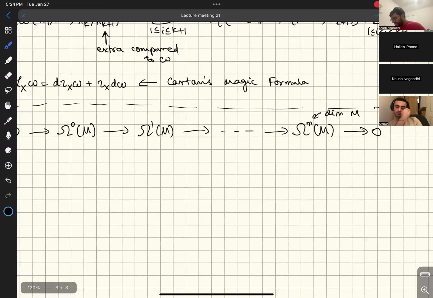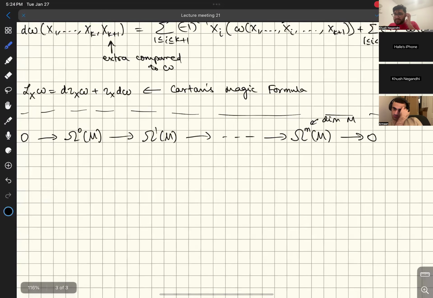And one thing to note is that if the dimension of the manifold is m, then any m plus one form must be zero. The reason is the pigeonhole principle. Because I have m plus one slots for m things, one of the m things must repeat.